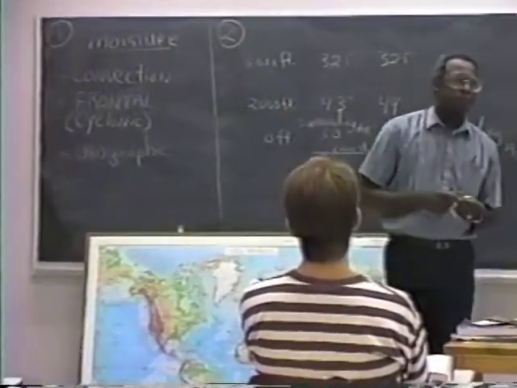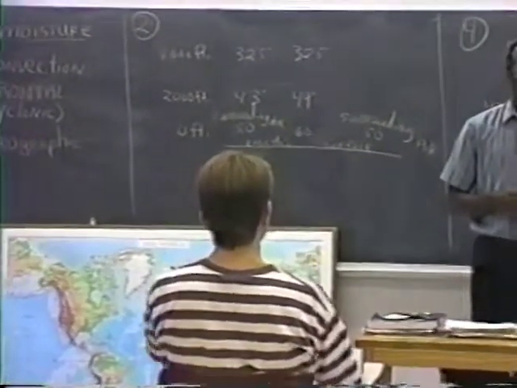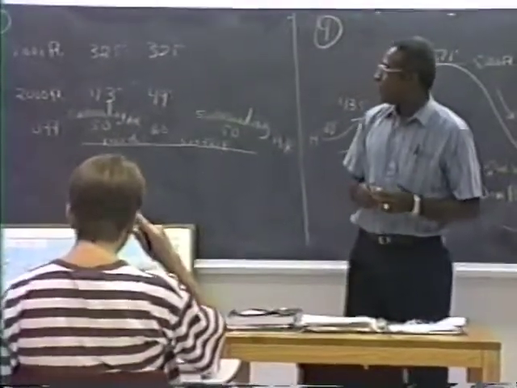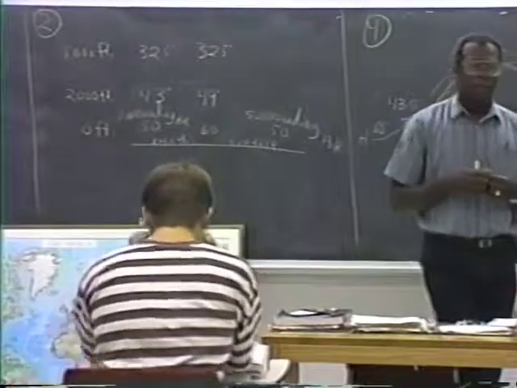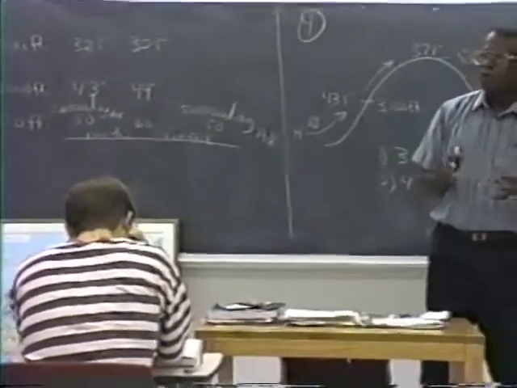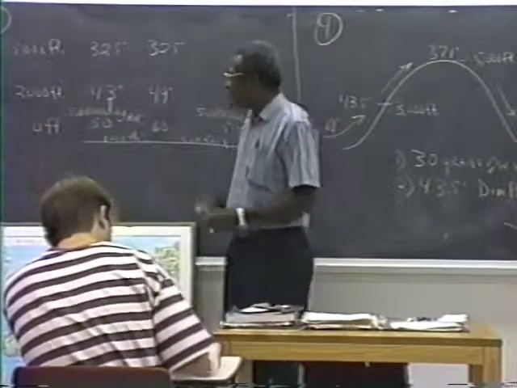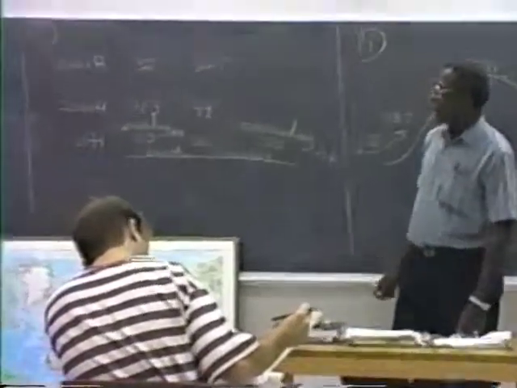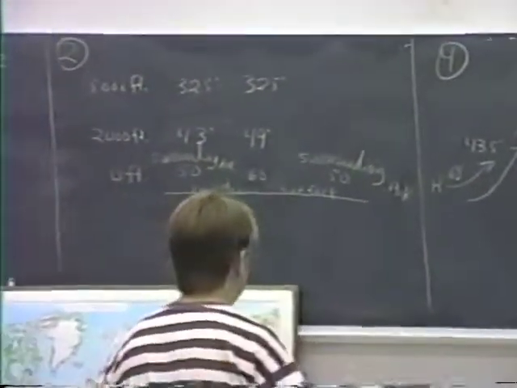Now, in convection, as you all know, I hope it's in the textbook very clearly mentioned by the author, that convection is the fact that you have very warm air being buoyant and rising up. For example, let's say that at the surface you have general air temperatures of 50 degrees Fahrenheit.